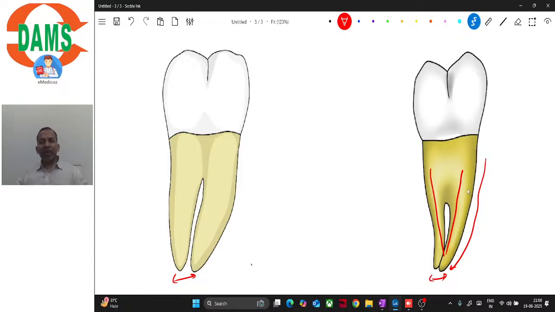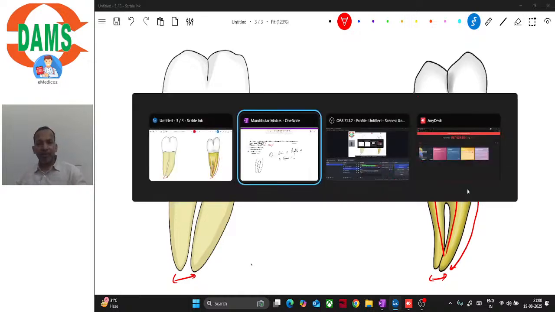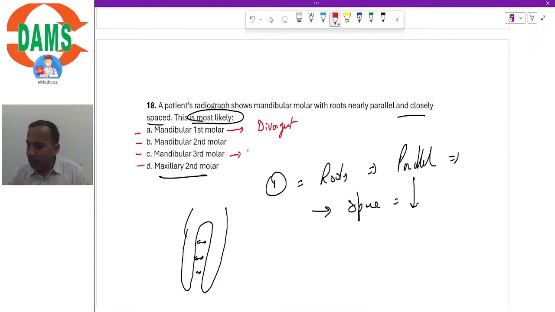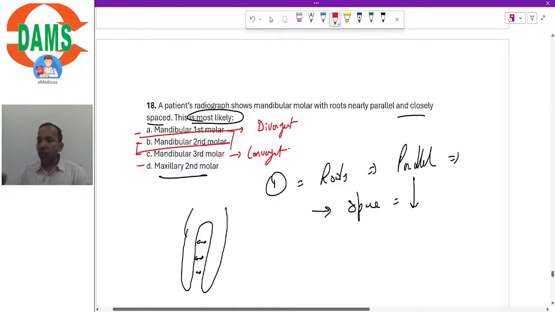So in the first molar they are divergent, in the second molar they are relatively parallel, and in the third molar they are convergent, right? So the space is less as compared to the first molar, yet the space is there.